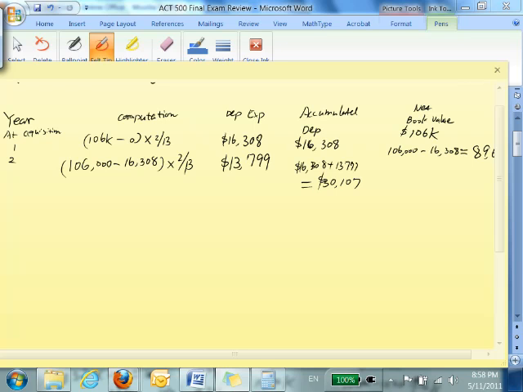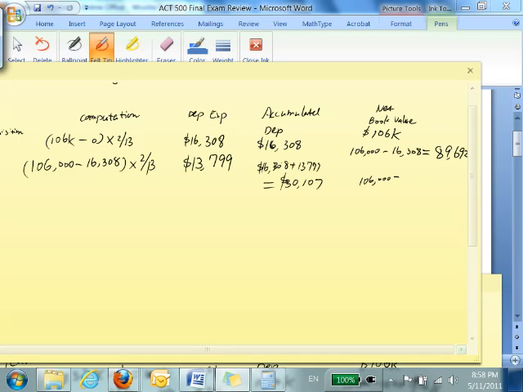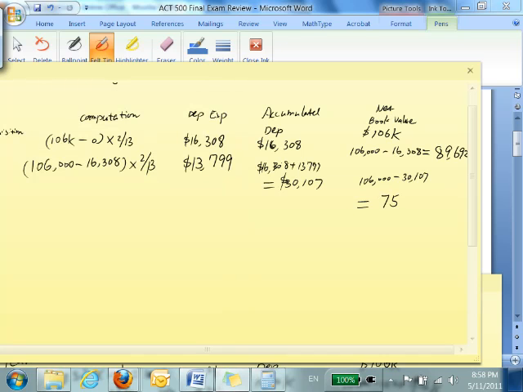Okay, the net book value equals 106,000 minus accumulated depreciation, 30,107, and that equals 75,893 dollars.